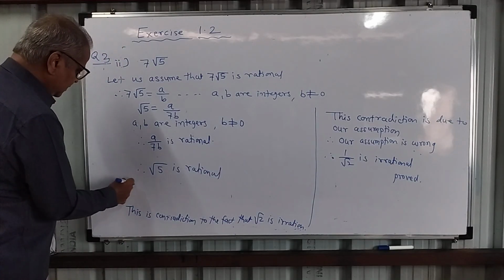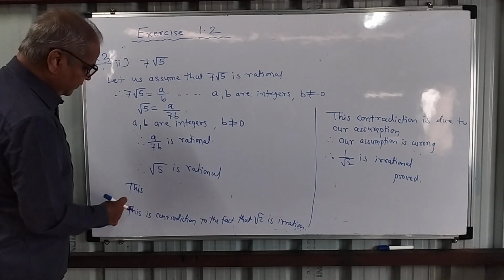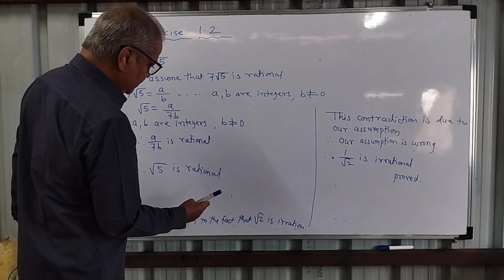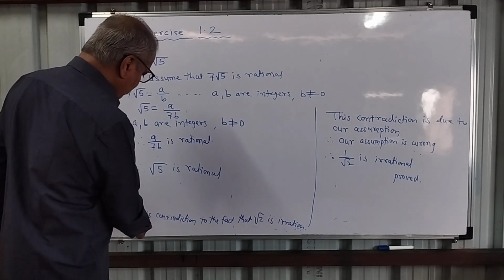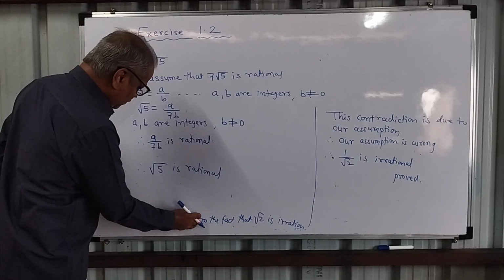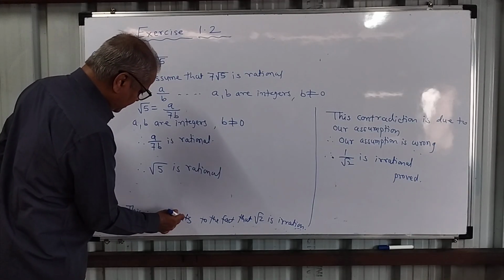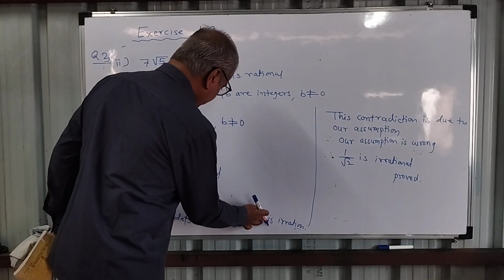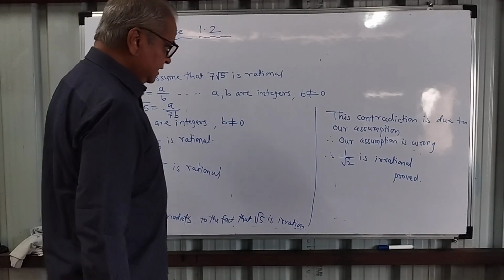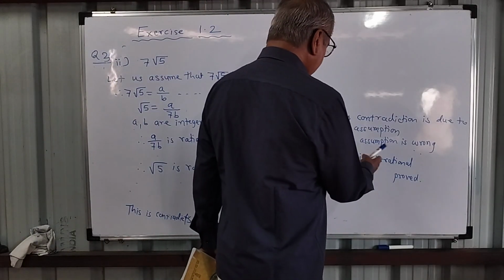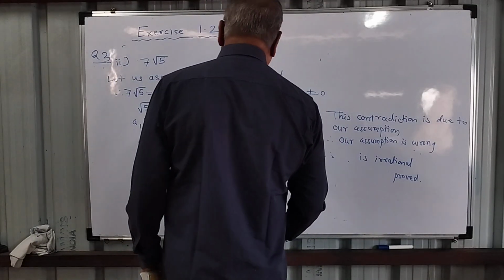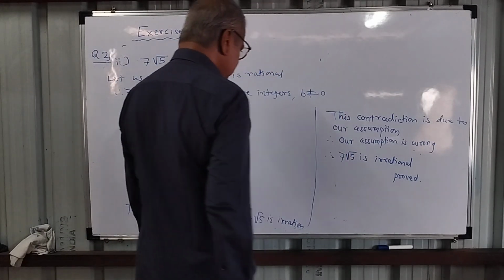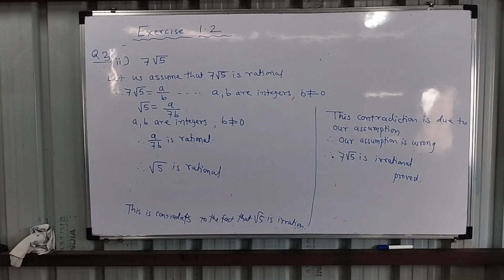This is already written here, write the same. This contradicts the fact that root 5 is irrational. This contradiction is due to our assumption. Therefore, our assumption is wrong. Therefore, we can write 7 root 5 is irrational, proved. So this is question number 3, sub question 2.